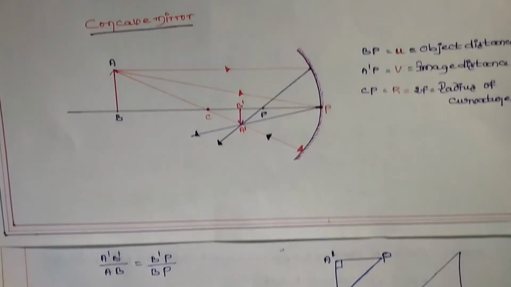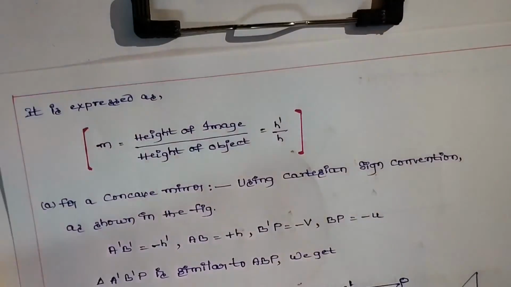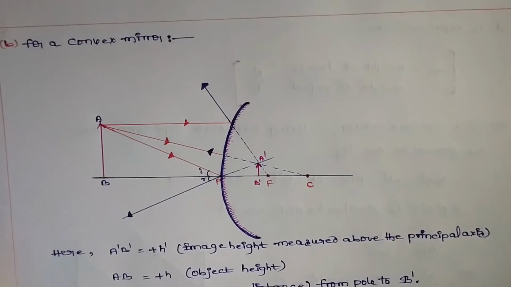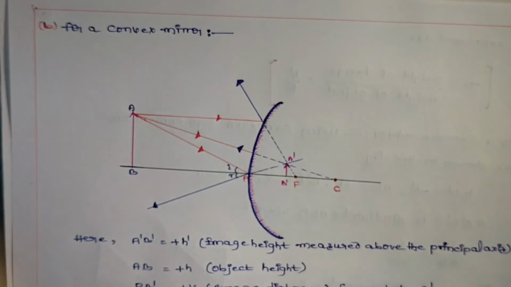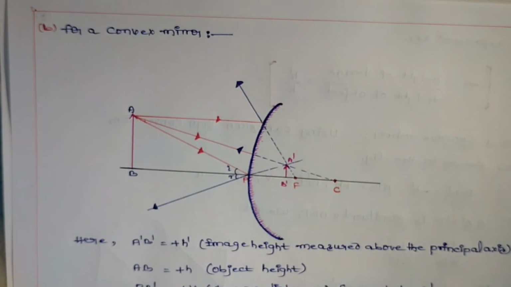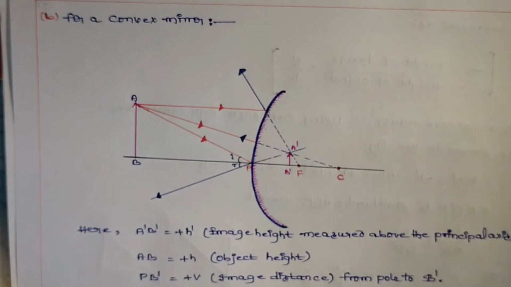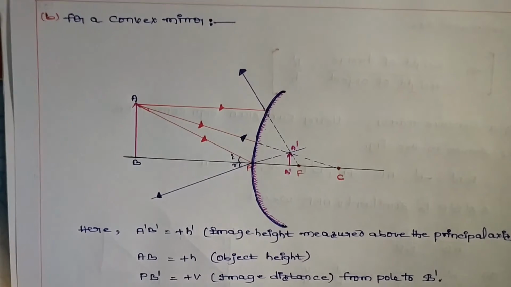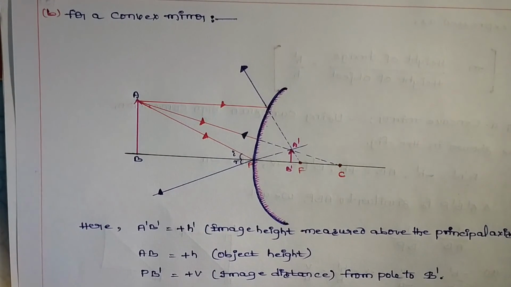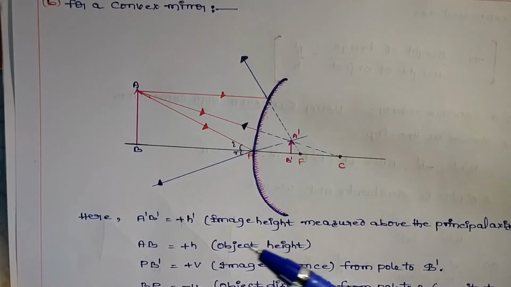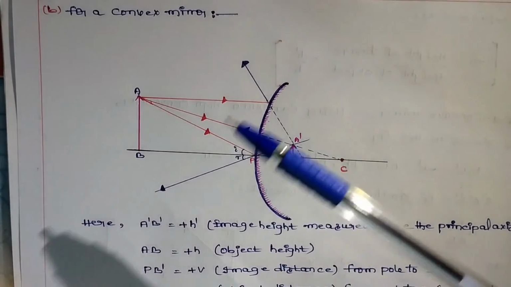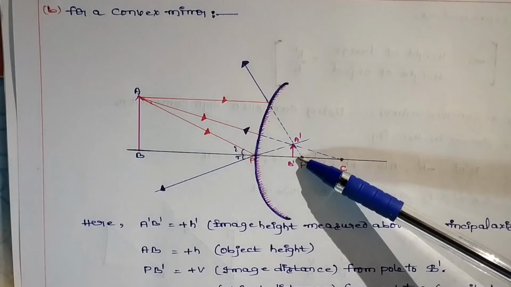And next, now we will discuss the magnification for a convex mirror. According to the diagram, the same thing we have to apply here. Here in this case also, A dash B dash is the image height.